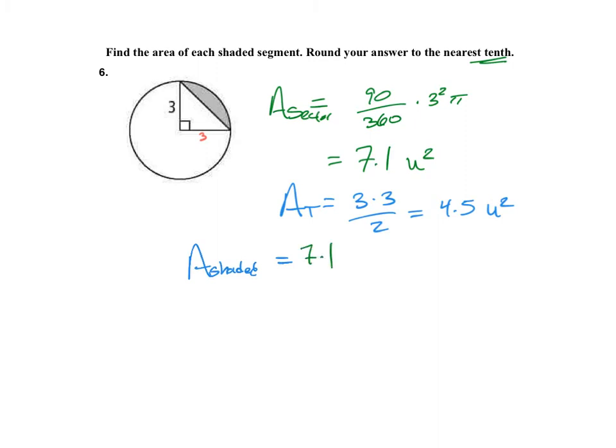That is the area of this whole sector right here, including the triangle and the shaded part, minus the triangle. So minus 4.5. So this is 2.6 units squared.